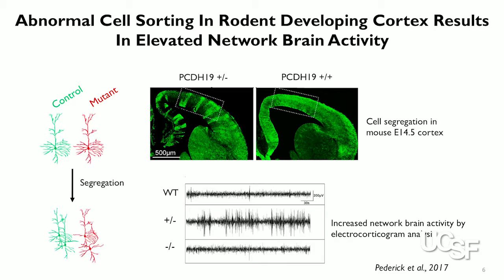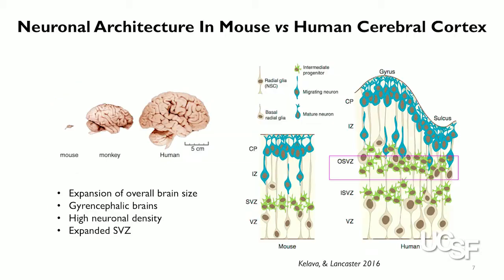However, no seizure phenotype has been observed even in the heterozygous mouse yet. So what we think is it might be due to the developmental differences between the mouse and the human. That being said, the mouse is a very good and exciting model to study PCDH19.